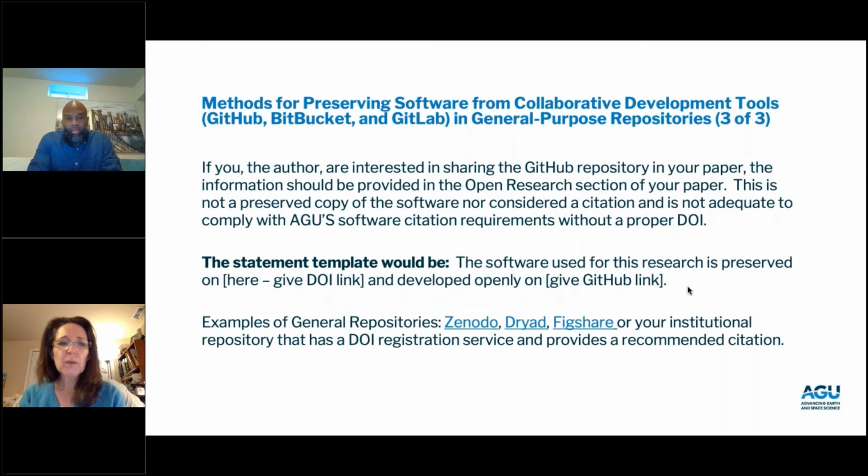So what that would look like, in the template within the open research section for AGU, perhaps the availability statement would go somewhere else in another journal, but you would say your software used for this research is preserved here, and you would give the link that has the DOI embedded, and then it's developed openly on, and you would give, for instance, your GitHub link or your link to your Bitbucket or SourceForge or GitLab. Okay, hopefully that's clear.